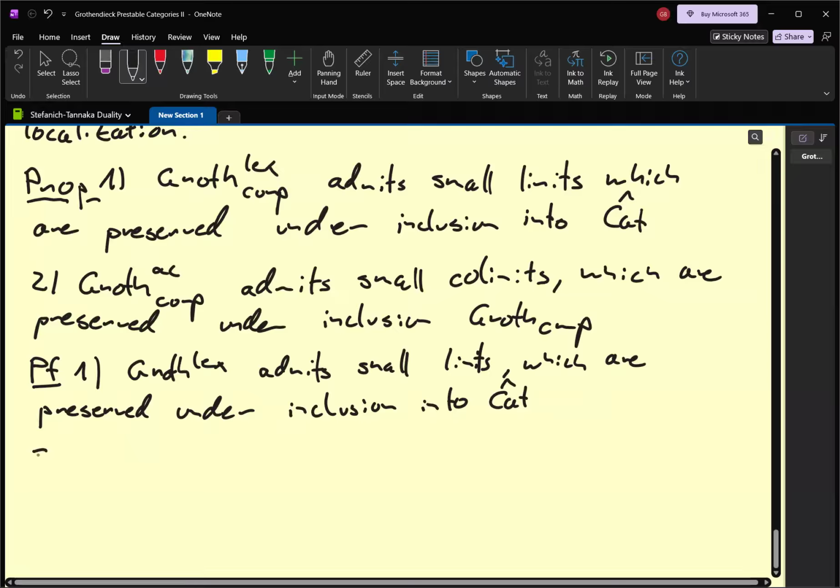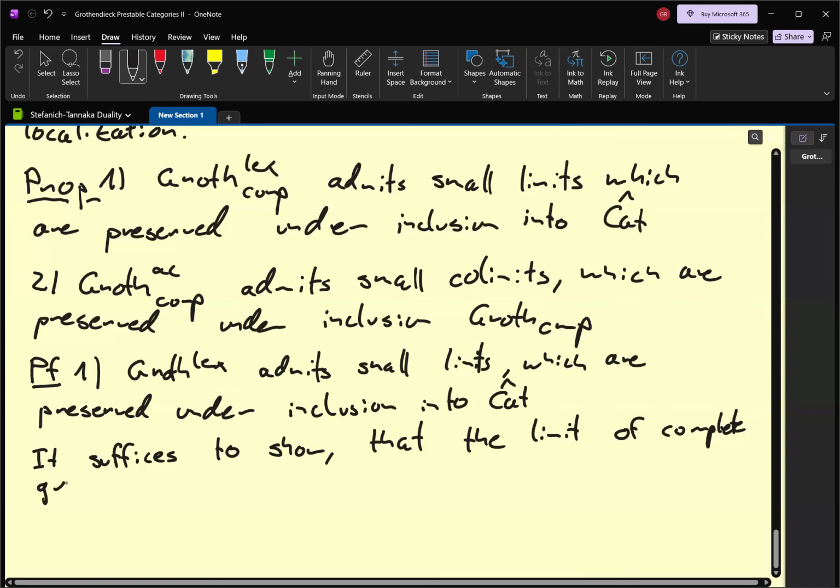So it suffices to show that the limit of complete objects in Groth is again complete.